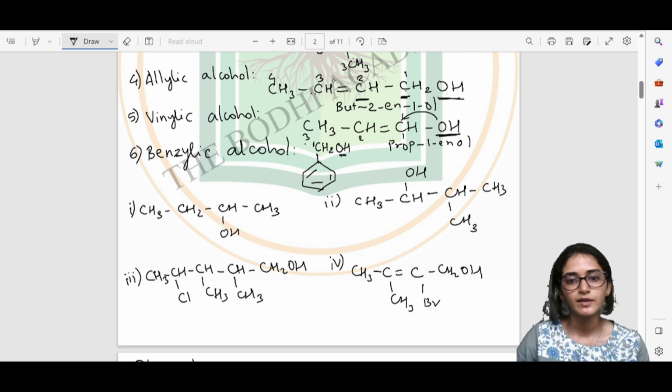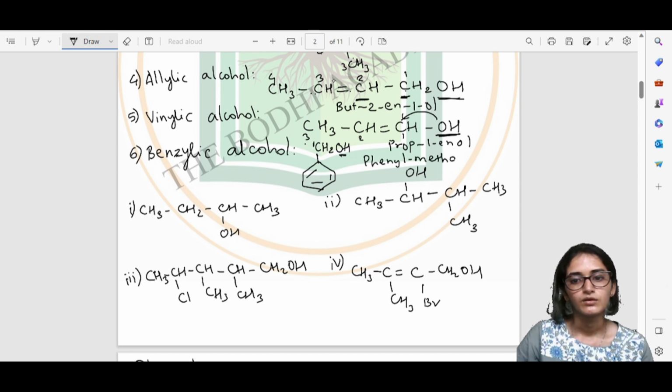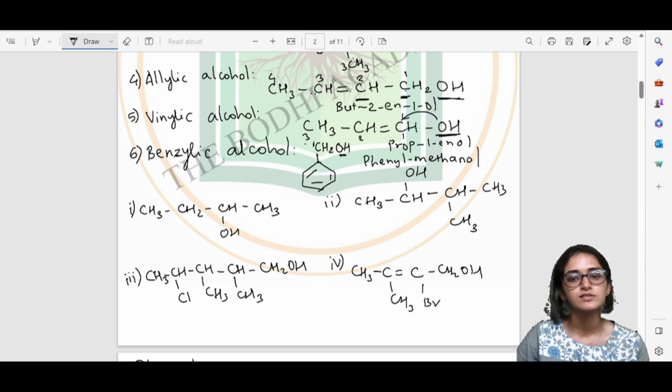So this will be 1-phenyl. Since the number is 1, no need to write 1 also, so directly you can write phenyl methanol. The IUPAC name of this compound will be phenyl methanol.